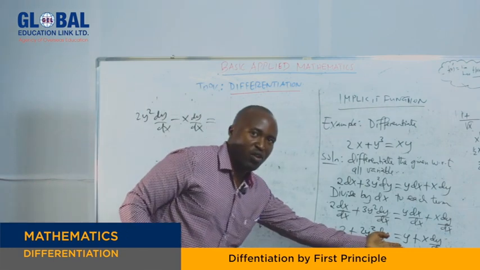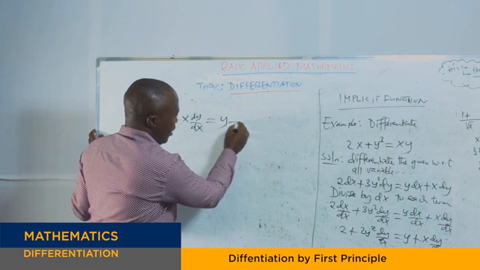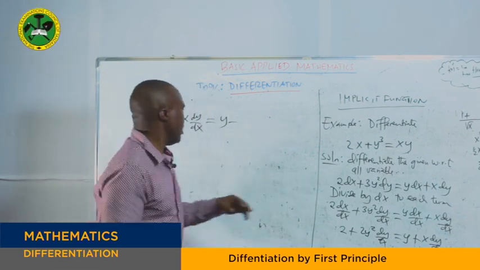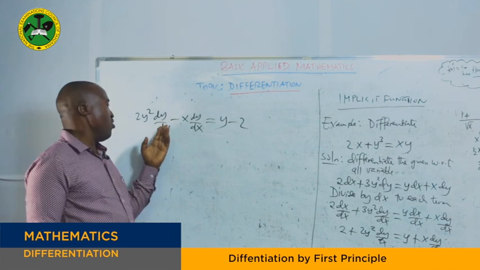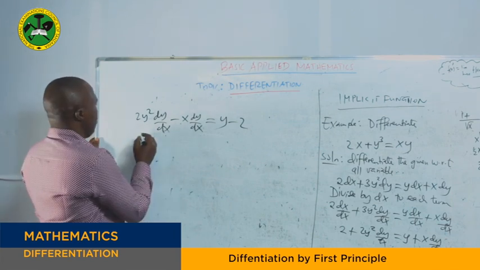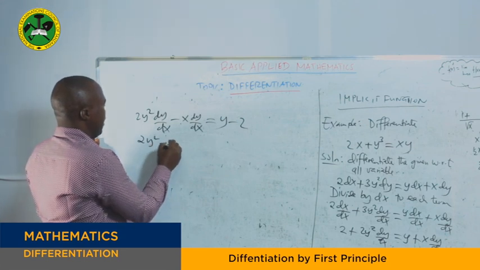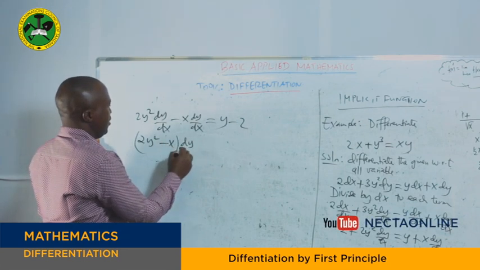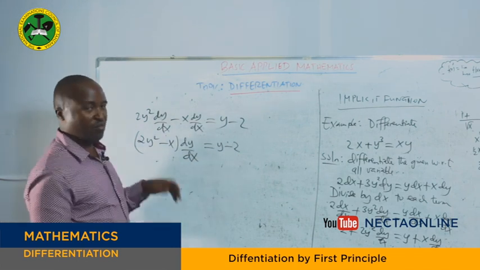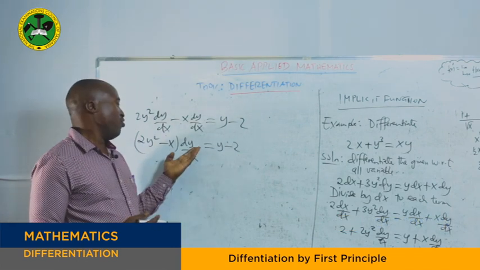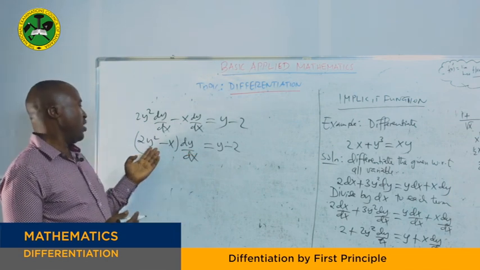now we start with y, that is y, then minus, this is positive, it's going to be negative 2. Now dy/dx is common, so we are going to have (2y² minus x) dy/dx, which is equal to y minus 2. Now to find dy/dx, we can divide by 2y² minus x.